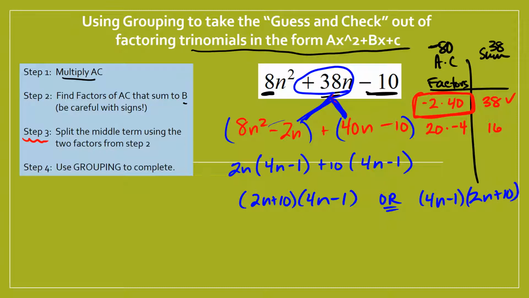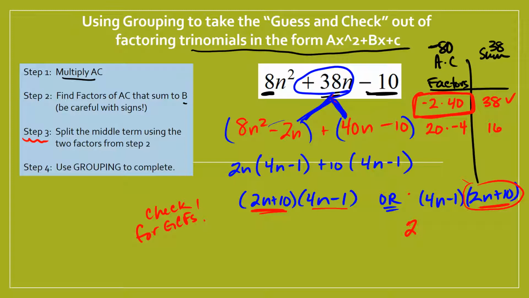Now, you should notice this one's not done. Check for GCFs. And we have one. So we need to take it out. This term here doesn't have one, but this does. So we're going to take a 2 out of here. So even if it was over here, we're going to take a 2 out. So it needs to go to the very front of the list. So a 2 comes out of this one. And I might put the one I'm breaking down next to it.